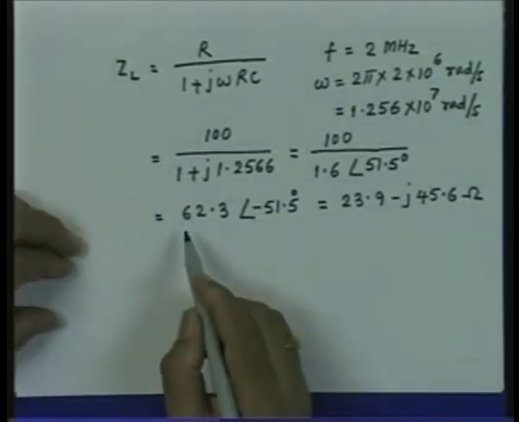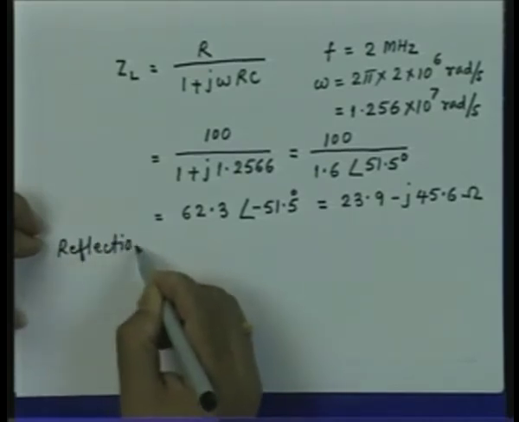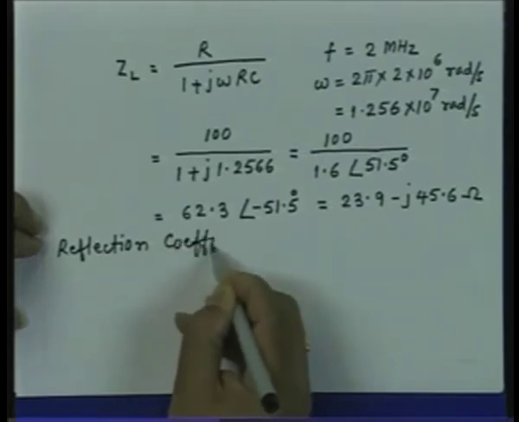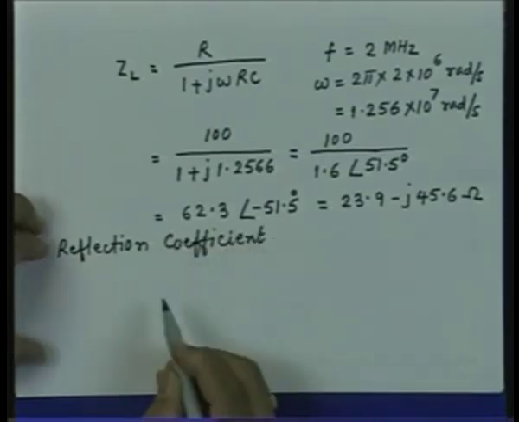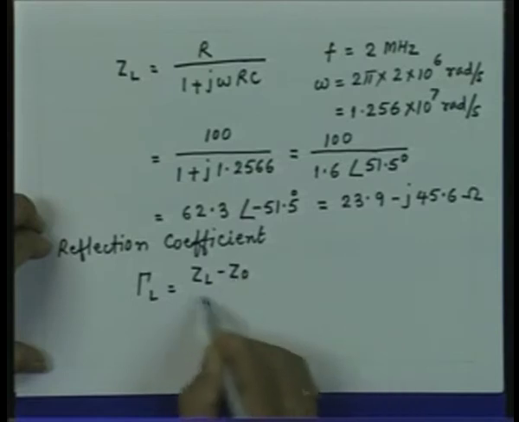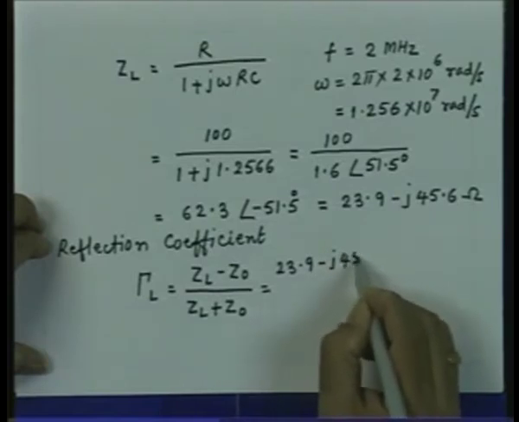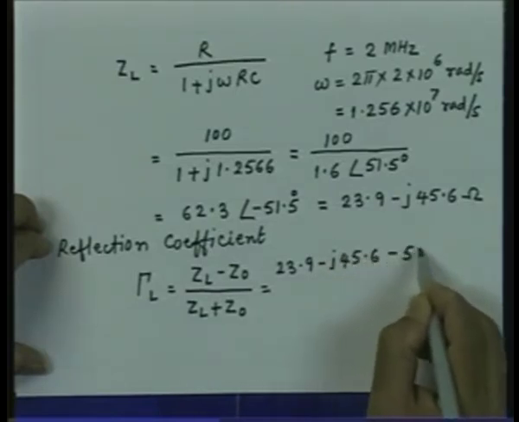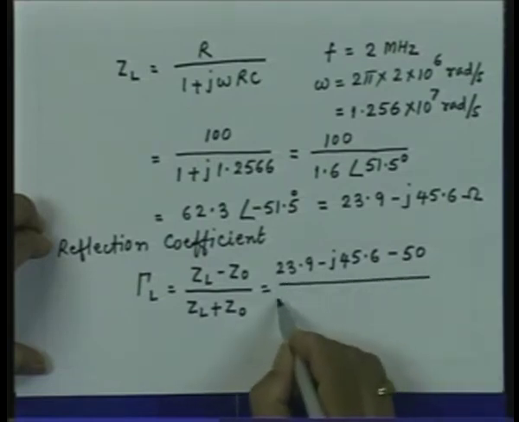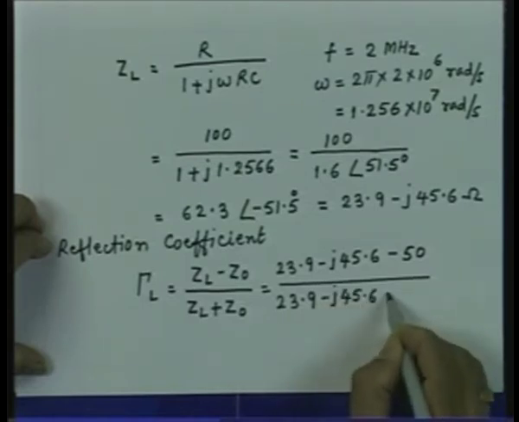Once I know the load impedance, now I can find out the reflection coefficient. Gamma L is ZL minus Z0 divided by ZL plus Z0. So, that is equal to 23.9 minus j 45.6 minus 50 divided by 23.9 minus j 45.6 plus 50.